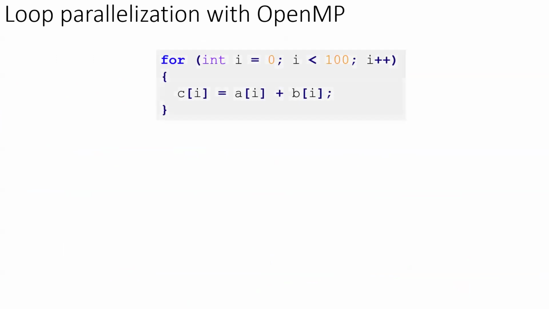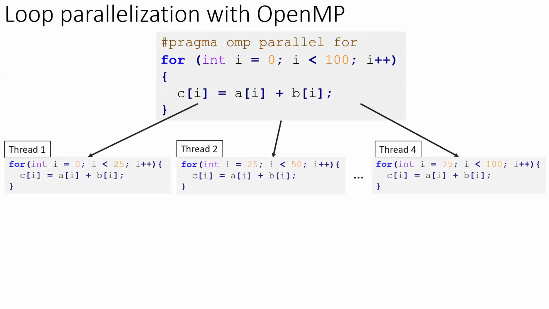So say you have a for loop like this. The only thing you need to do is to add the pragma omp parallel for command above it. Then the compiler will automatically detect the number of cores on chip.